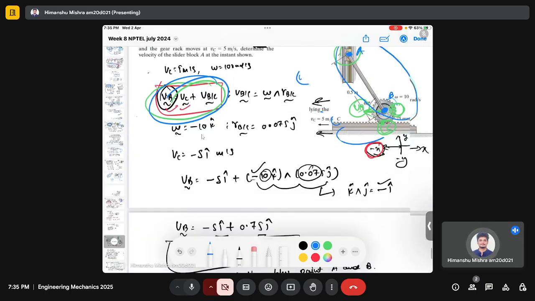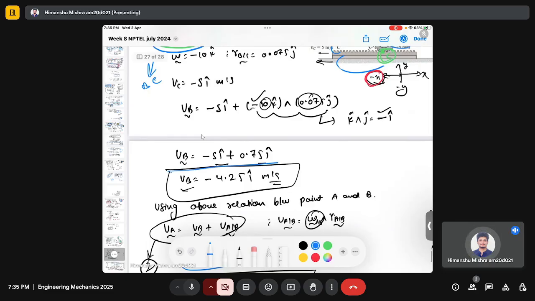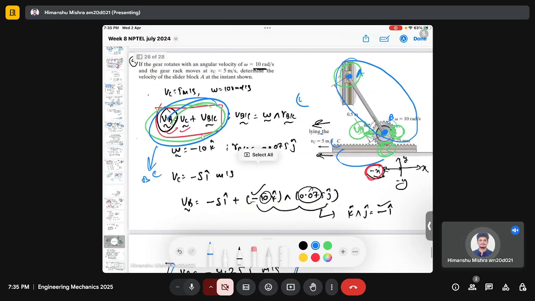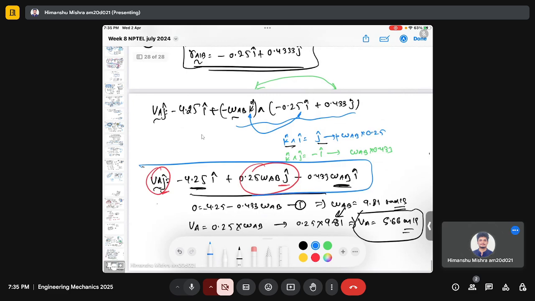So first when we use this relation between point B and C, we actually get the velocity of VB, which is minus 4.25 meter per second. Then when we use the same relation between point A and B, we actually get this vector equation, and it has both x component and y component.